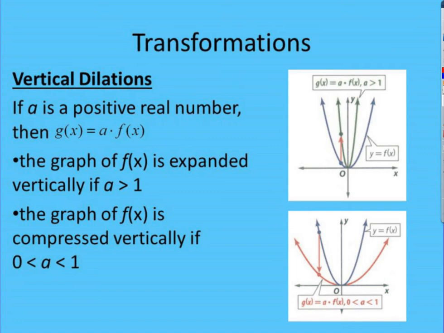We know the graph is going to be expanded vertically if the value of a is greater than 1, and it's going to be compressed vertically if a is between 0 and 1. These values always have to be positive. If it's negative, it just means you're reflecting it across an axis, but the value a itself will always be positive.